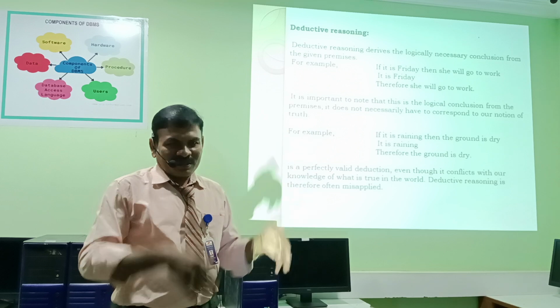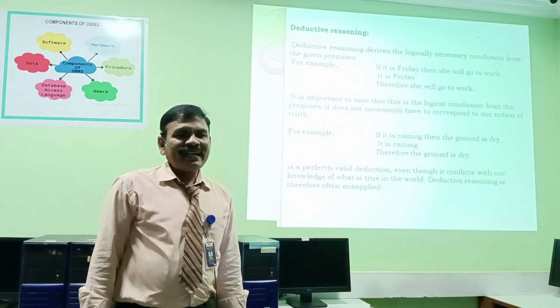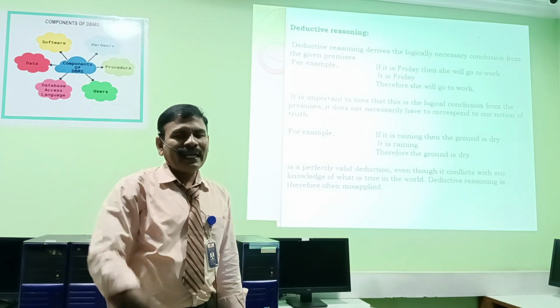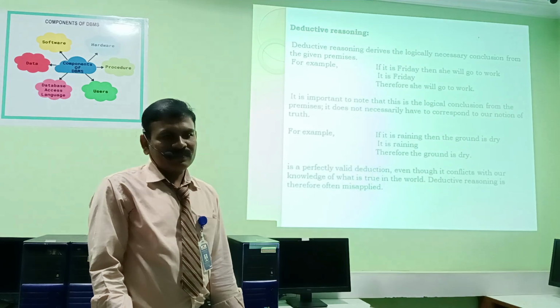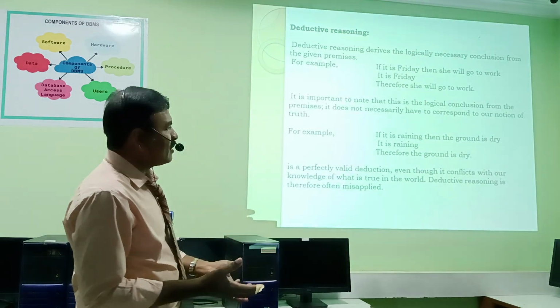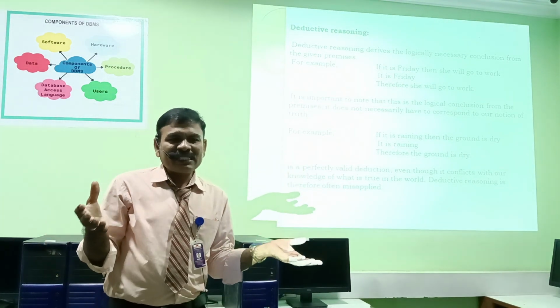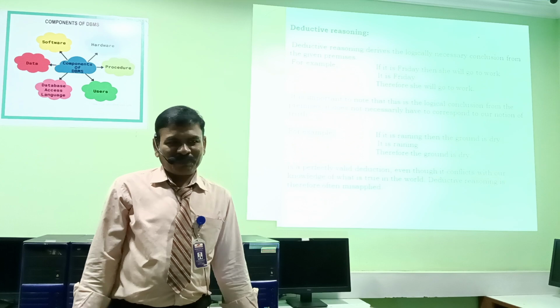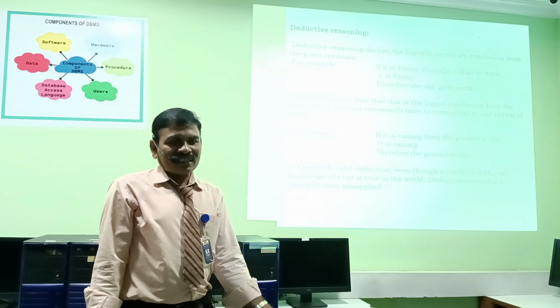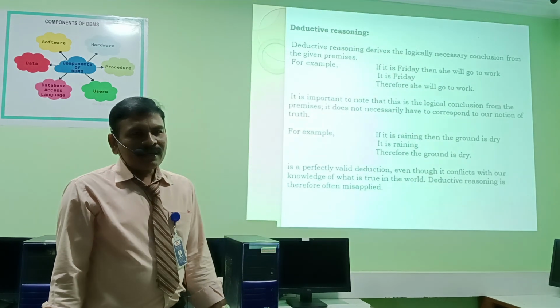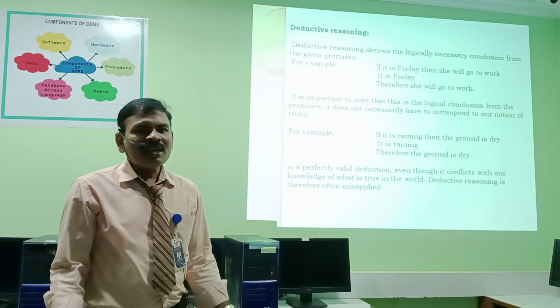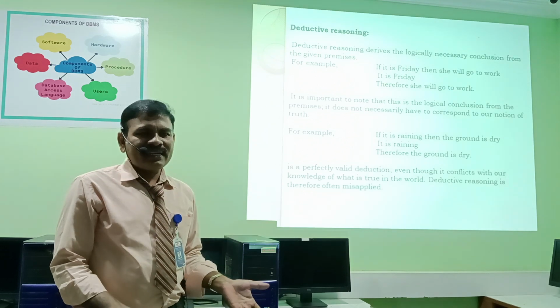Raining means the rain is falling during that particular duration. If that has happened, how is it possible the ground is dry? It is not possible, because it is raining.